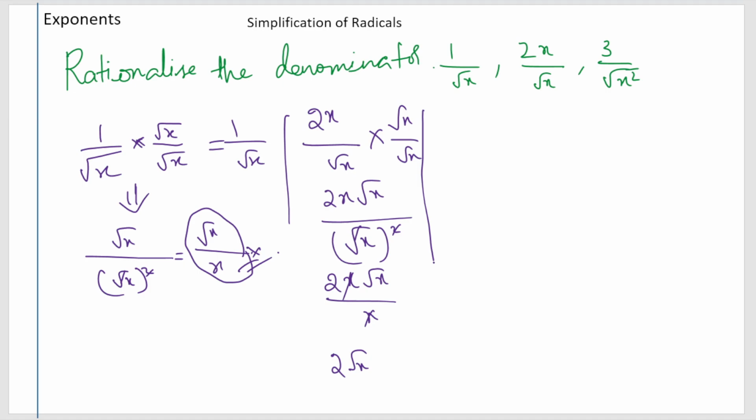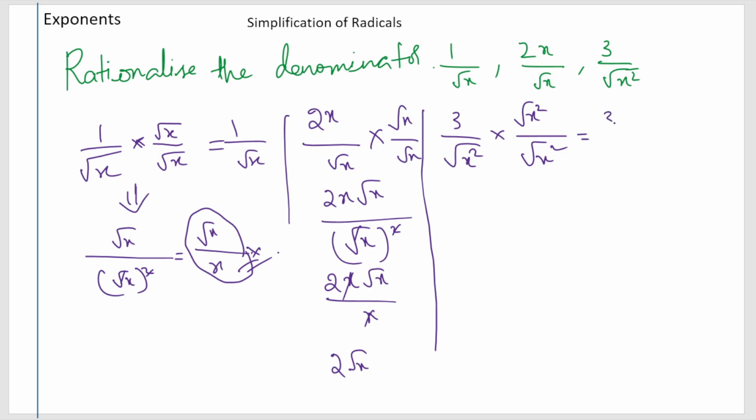Now we'll do it with the other one, 3 by root of x square. We'll multiply with root x square by root x square.